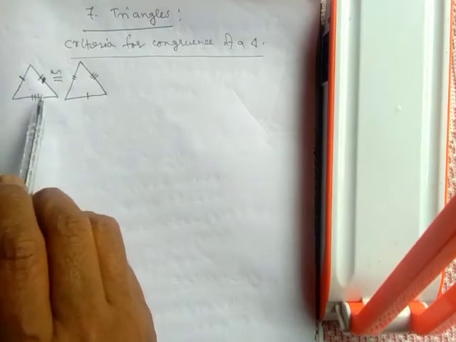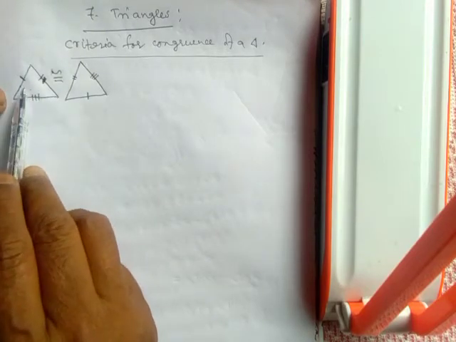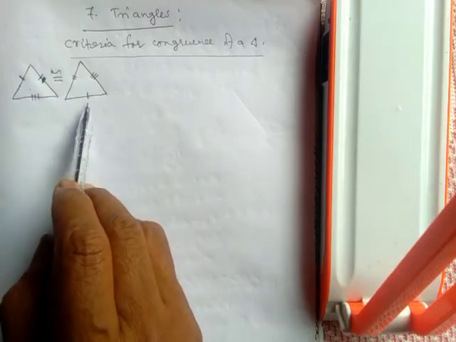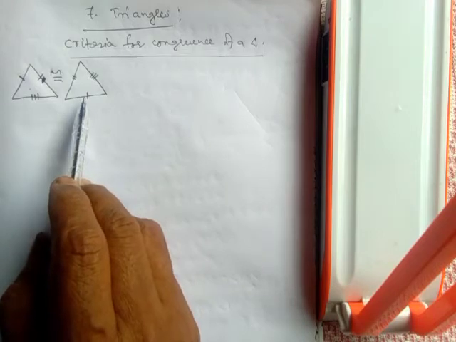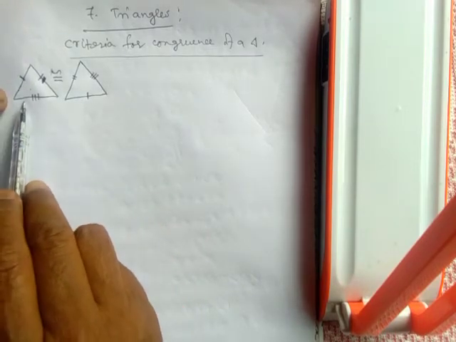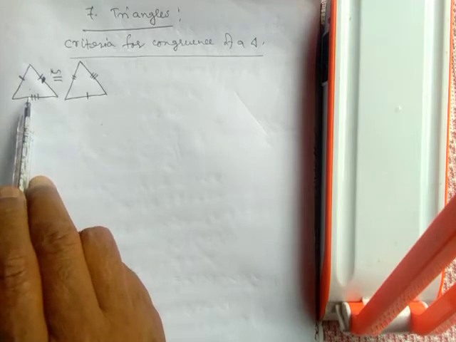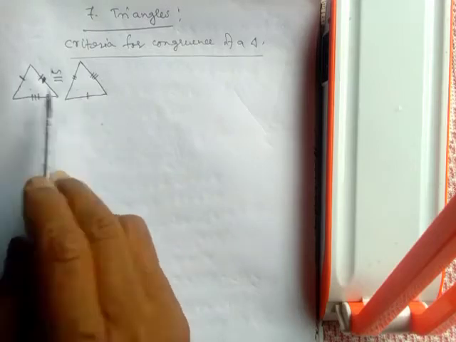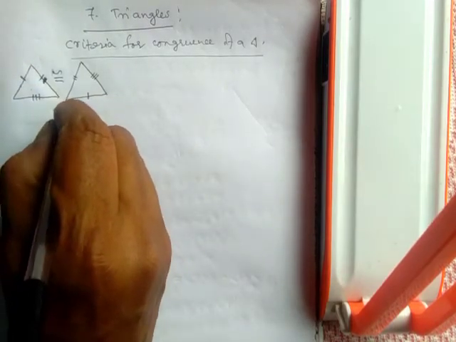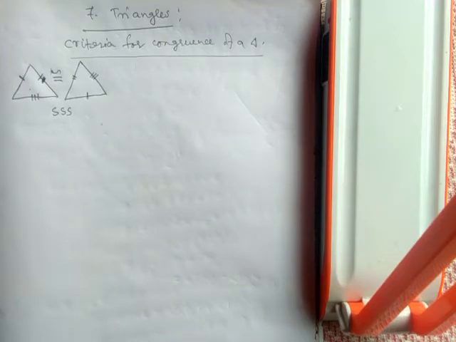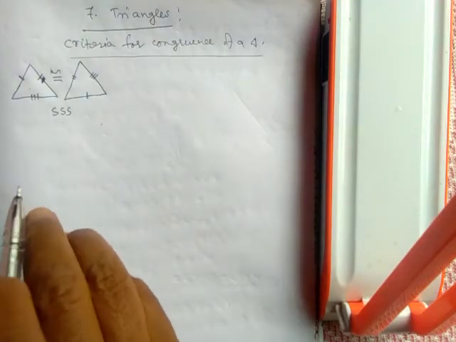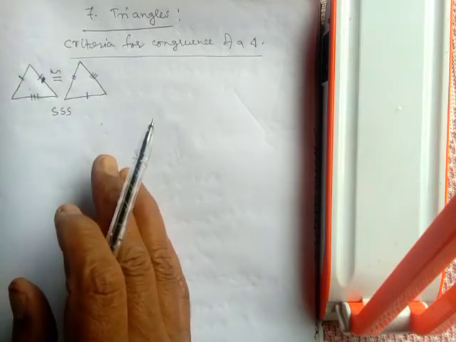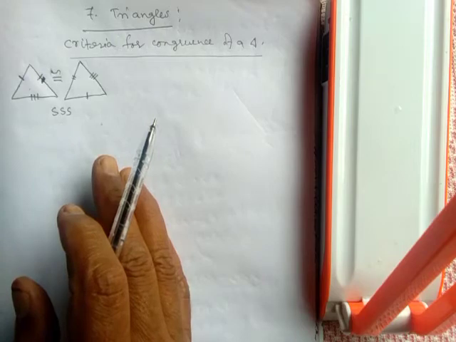Now see, the three sides of this triangle are equal to the corresponding three sides of the other triangle. Then these two triangles are congruent by side side side congruence. That is, if three sides of one triangle are equal to the three sides of another triangle, then the triangles are said to be congruent.